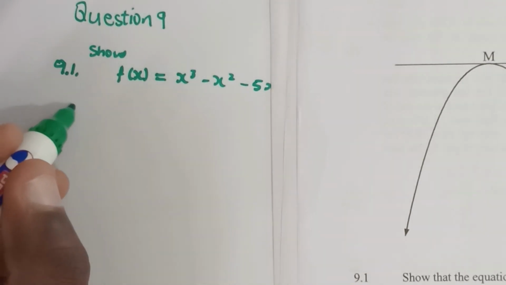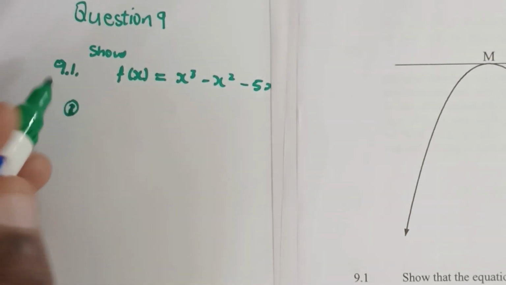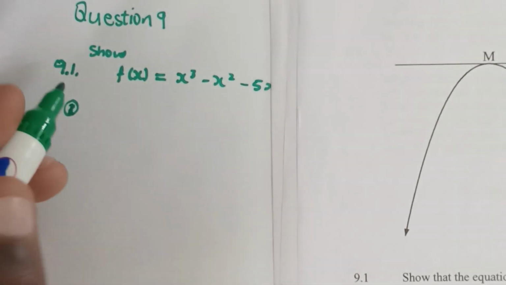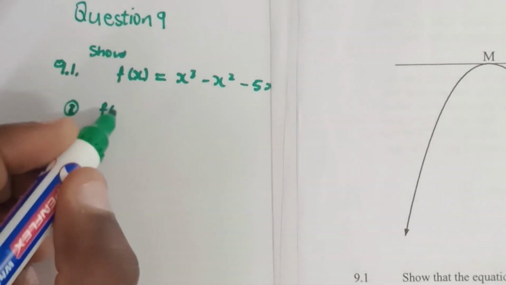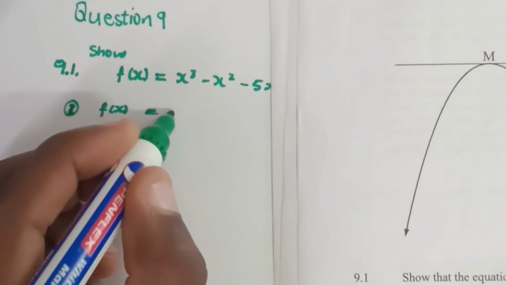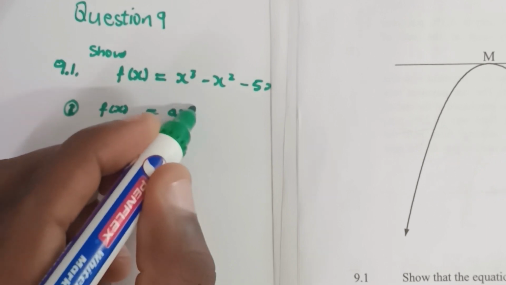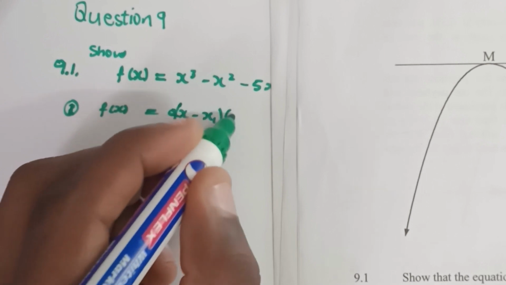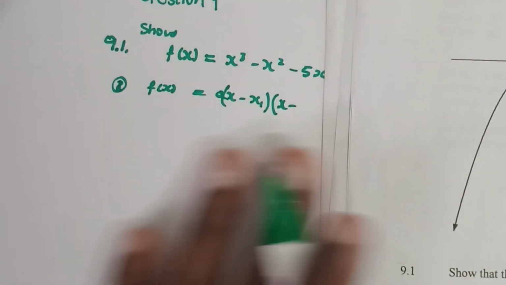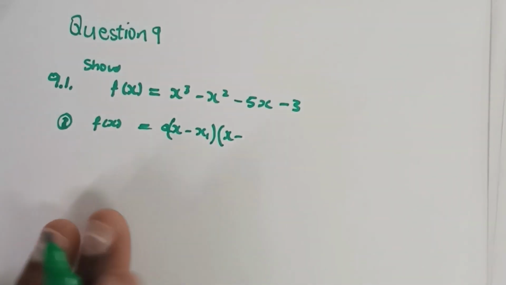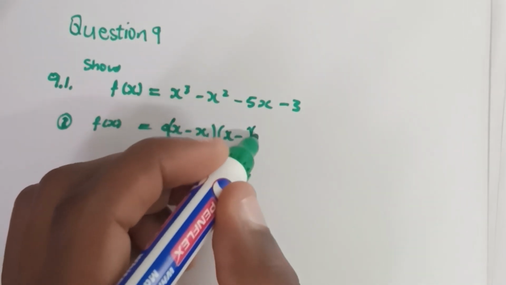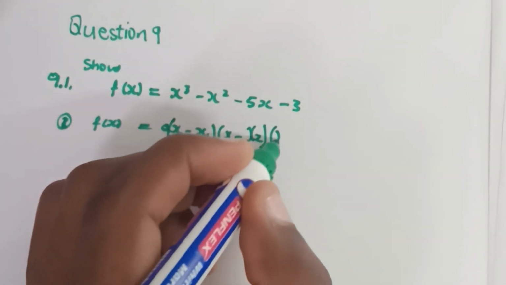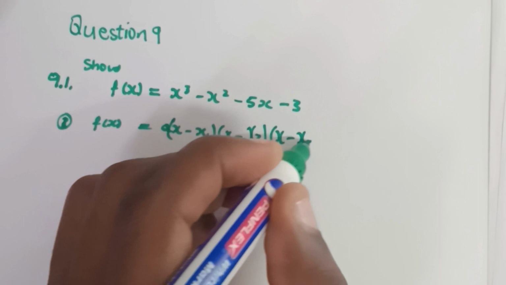We have a way to find the general equation, that is f of x is equal to a into x minus x1 into x minus x2 into x minus x3.